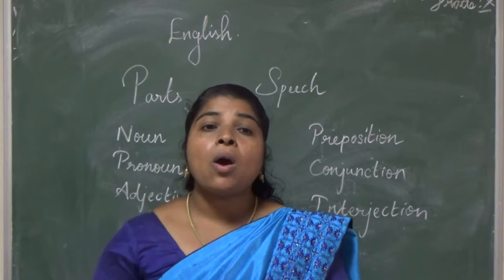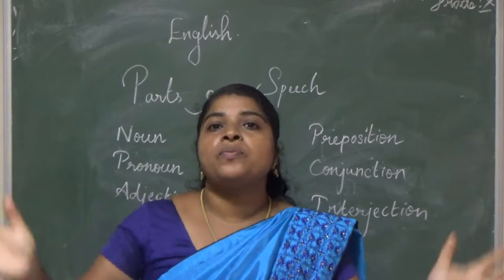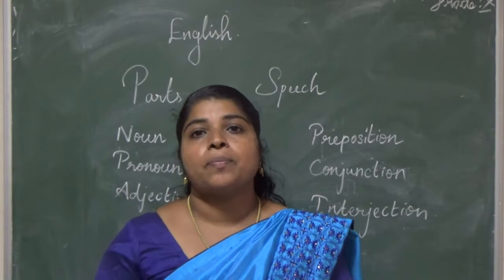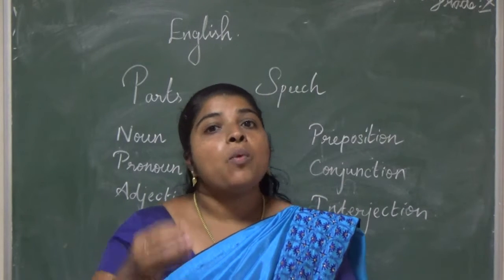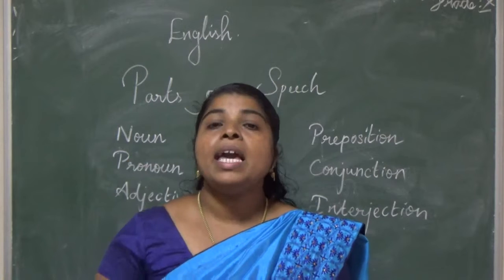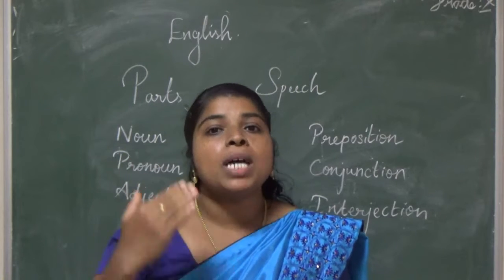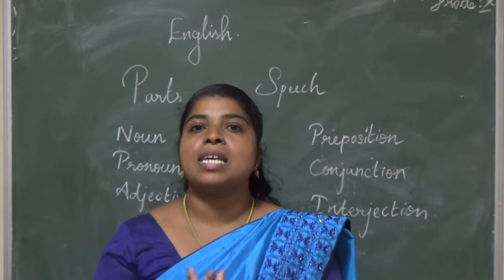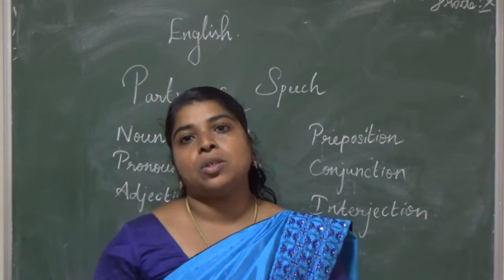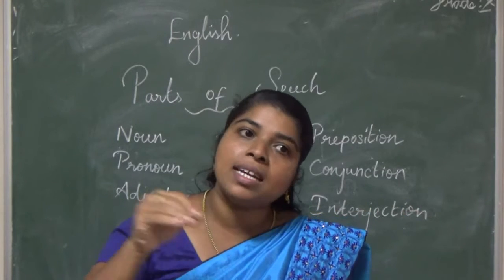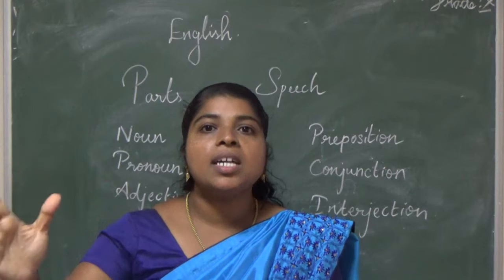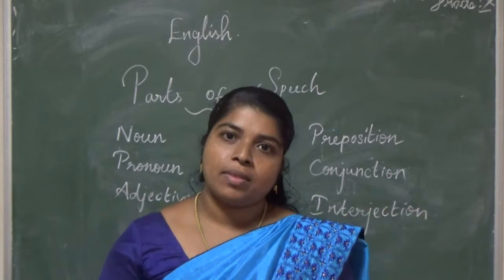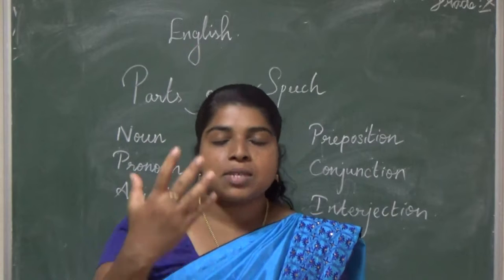You may come across thousands of words in the English language, but whatever the word may be, it will be grouped under one of these eight types. The whole of English words are divided under these eight. So when you are writing a sentence, each word will belong to one of these eight types.